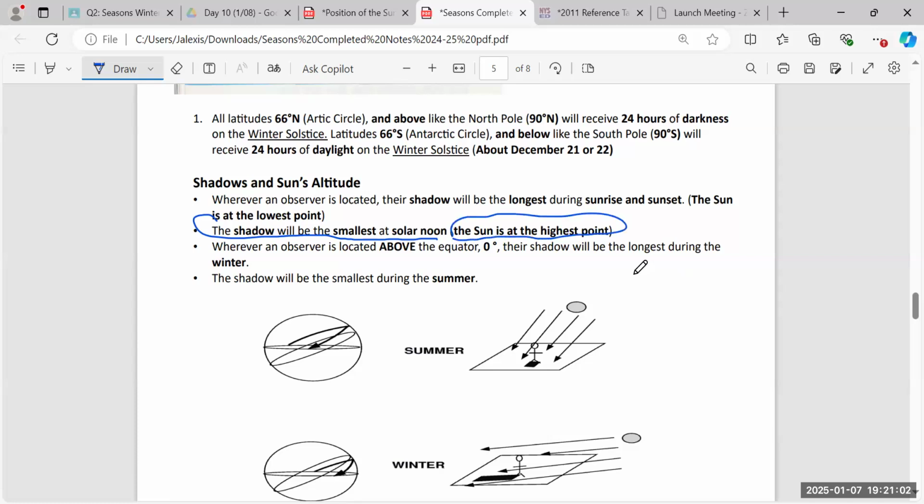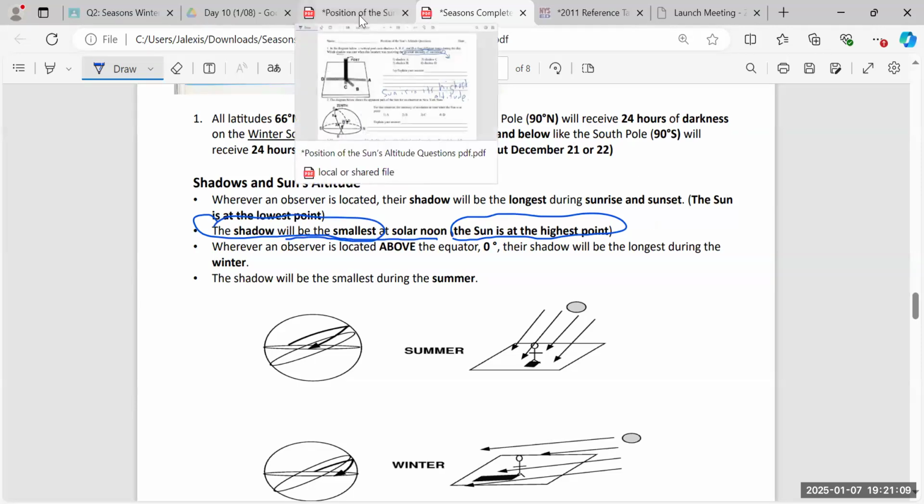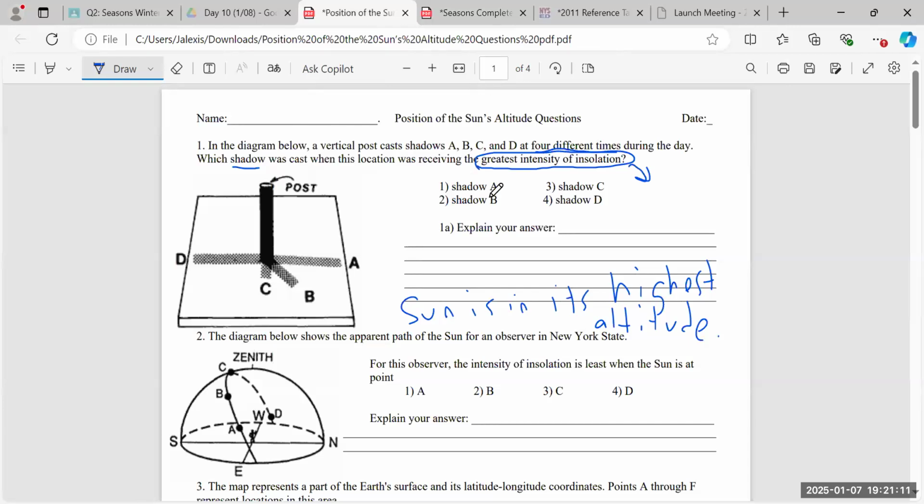So let's reverse it. When the sun is at its highest point, it will give you the smallest shadow. And that's why the correct answer is choice C.